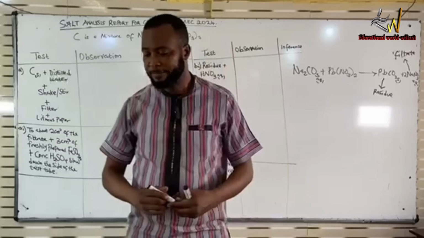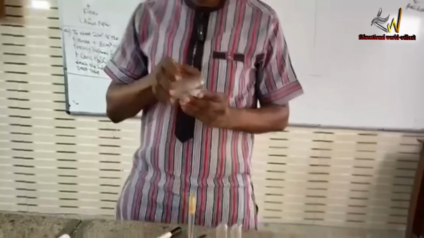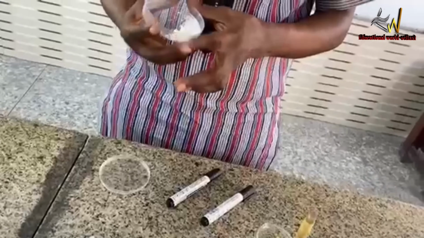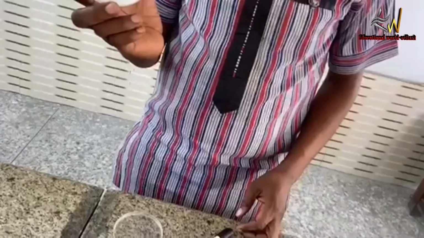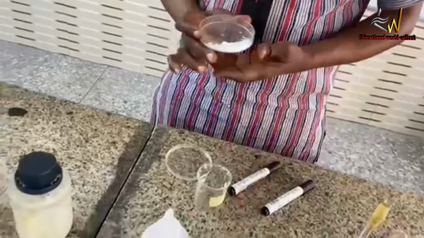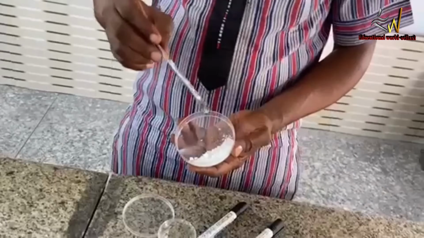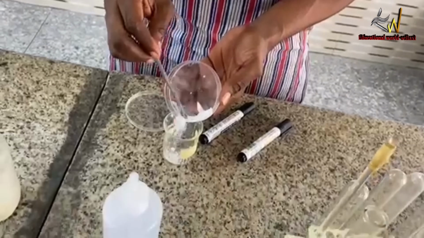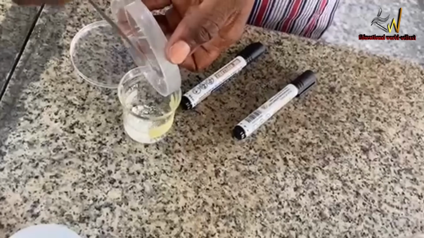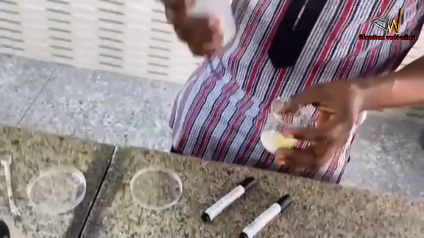Now let's start. This is our sample C. The two salts are mixed together already in this, so it's white in color, as you can see. I use my spatula to scoop it into the beaker. Of course you'll be asked to dissolve it in 10 cm³ of water.